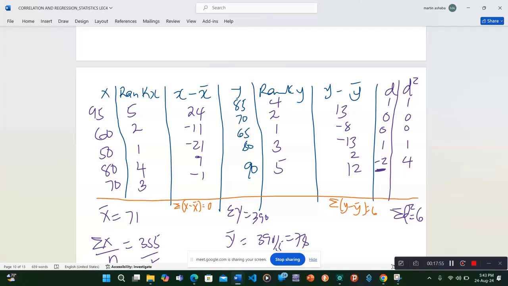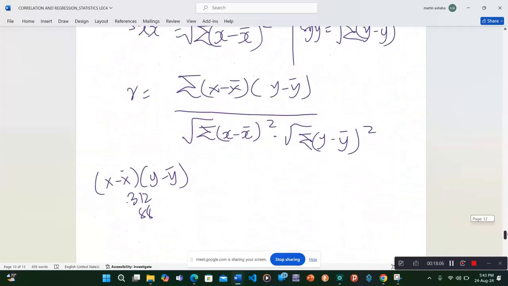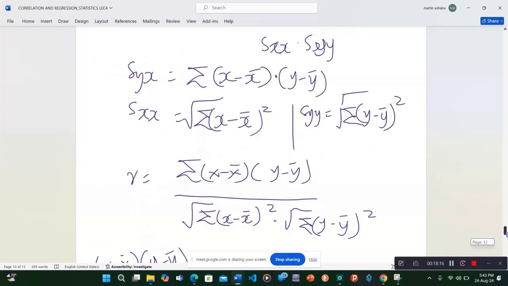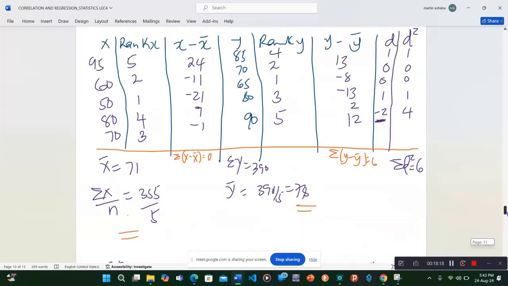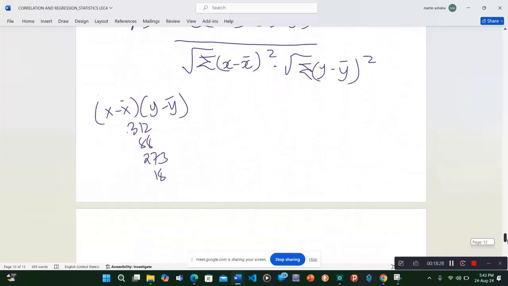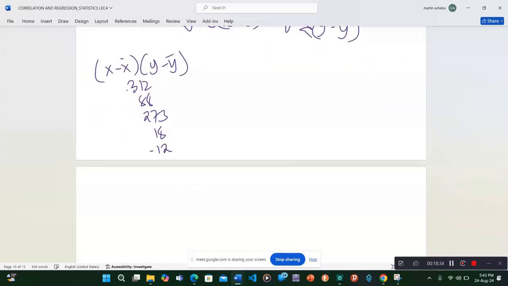We get 273. Then 2 times 18 times 2, 2 times 9, we get 18. So here we have 273 and we have 18. What else? It's negative 1 times 12, which is negative 12. So get a negative 12.